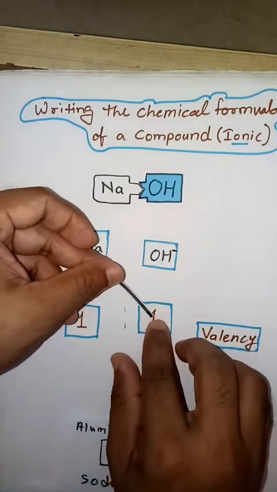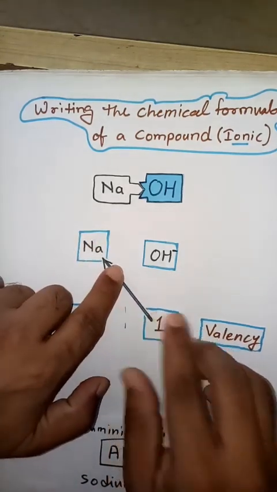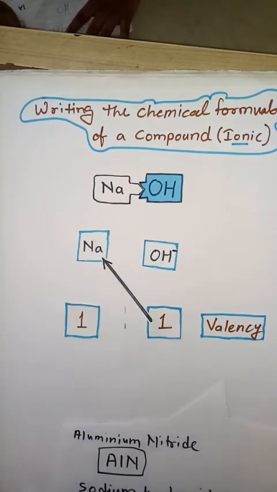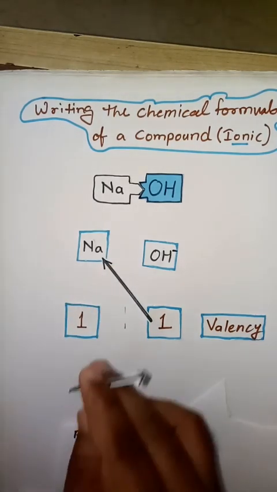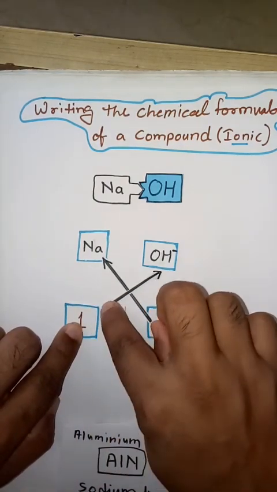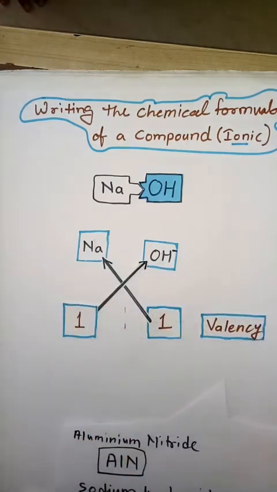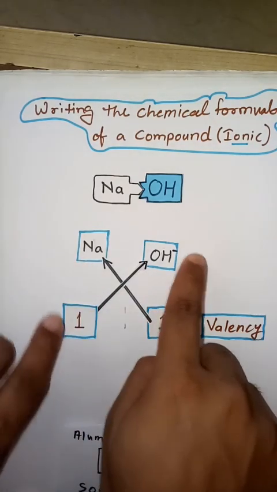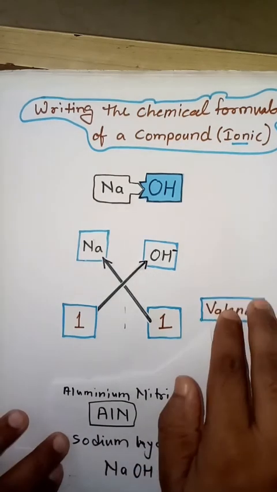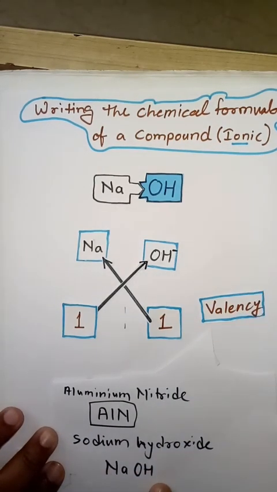We transfer the hydroxide's valency number to the opposite one, and the sodium's valency number will transfer to the hydroxide. What are you getting here? One sodium and one hydroxide only, so you get sodium hydroxide. This is how we get the formula, NaOH.